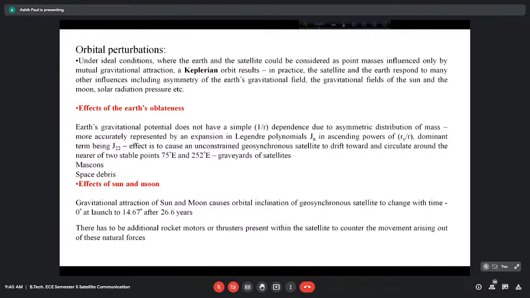But actually, the effects of the sun and the moon are also important in this case, because the gravitational attraction of the sun and the moon causes the orbital inclination of geosynchronous satellites to change with time.